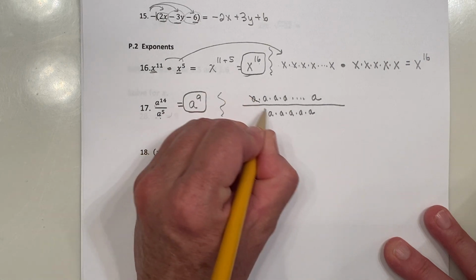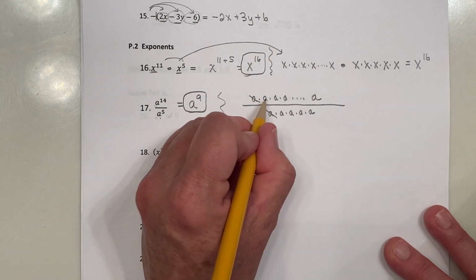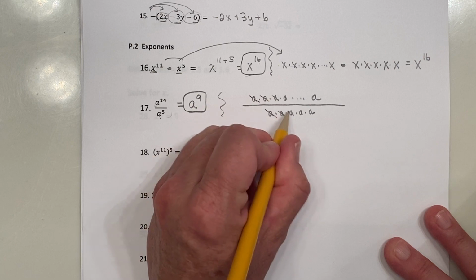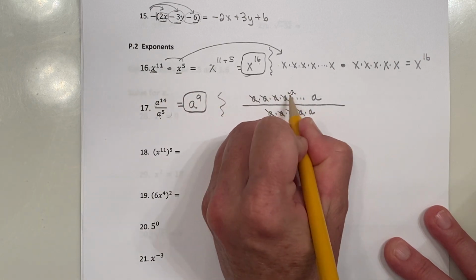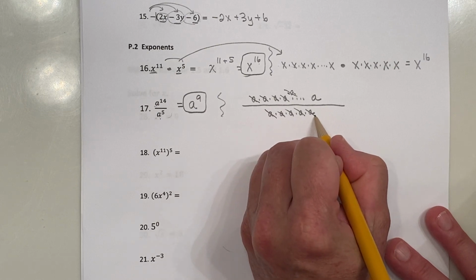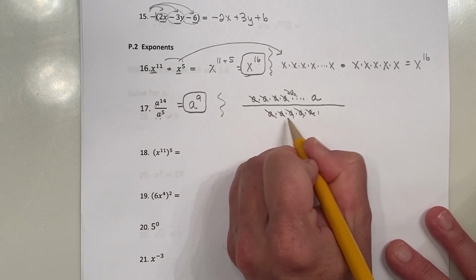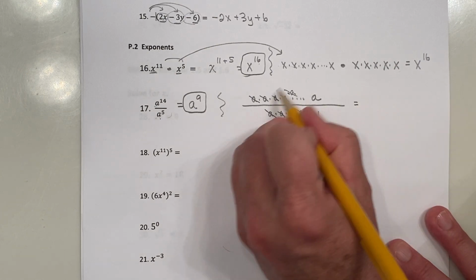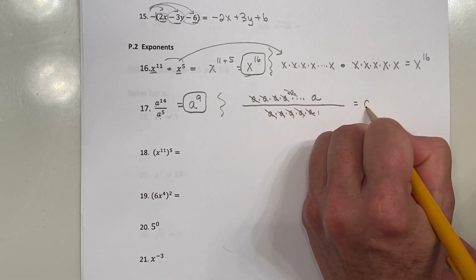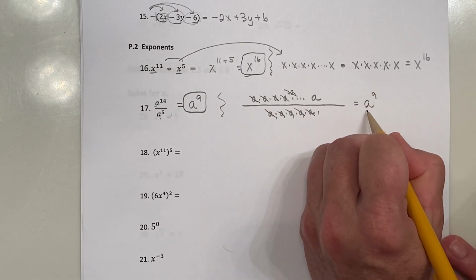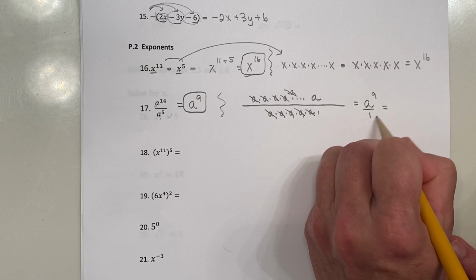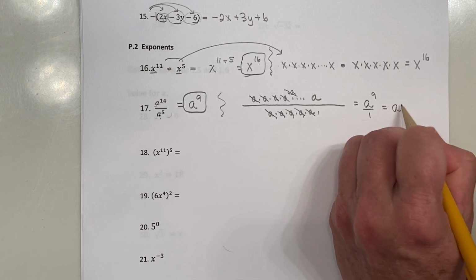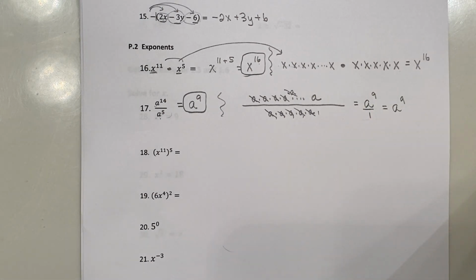So I could divide out that a and that a, that one and that one, that one and that one. And if I had one more a here to divide with this a down here, I would have nothing but a bunch of ones in the denominator, but I'd still have 9 remaining a's in the numerator. So you can think of that as a to the 9th over 1. But this isn't necessary. It's not wrong to put this fraction over 1. It's just simply a to the 9th.